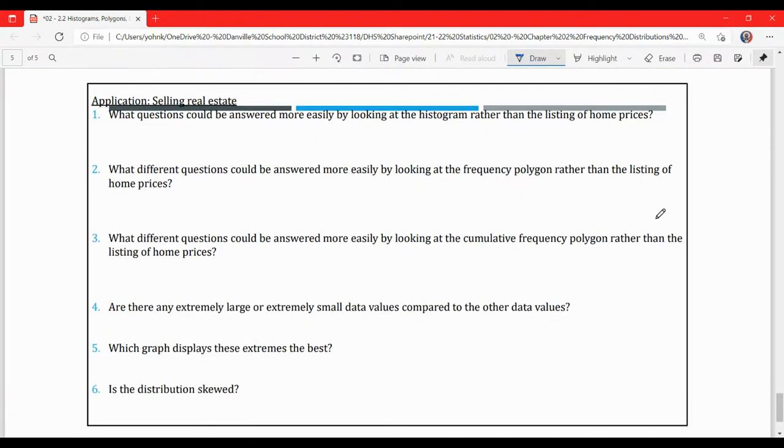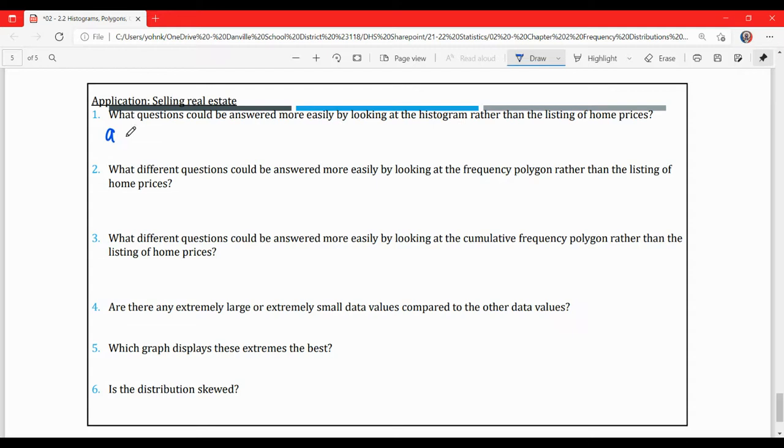Let's answer some questions. What questions could be answered more easily by looking at the histogram rather than the listing of home prices? Well, a histogram gives the ranges and the counts in each. We can also talk about how data is distributed using a histogram.